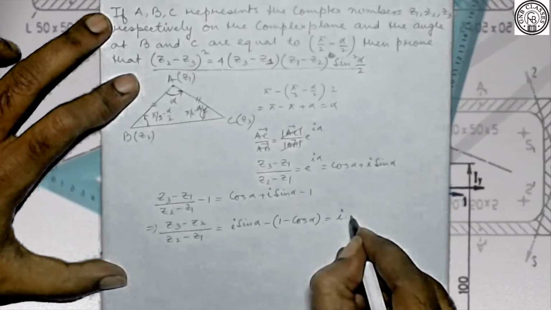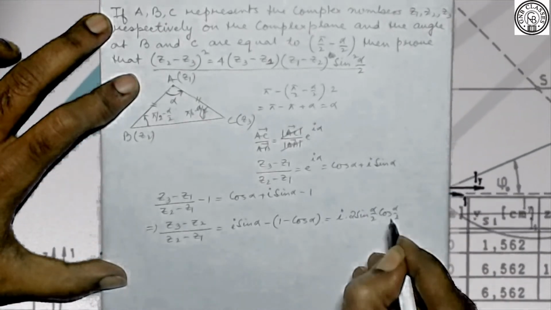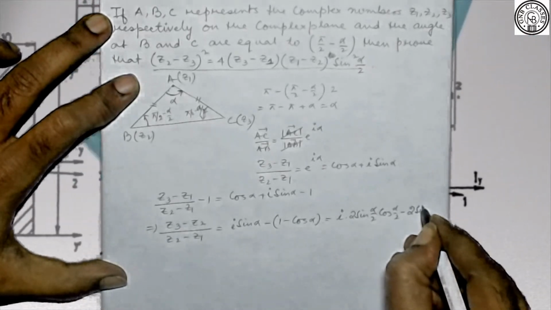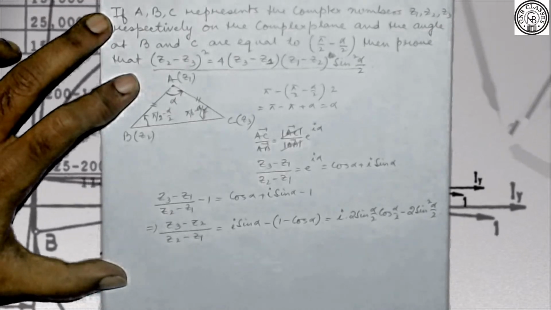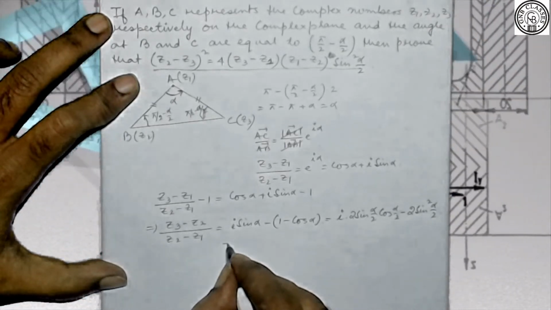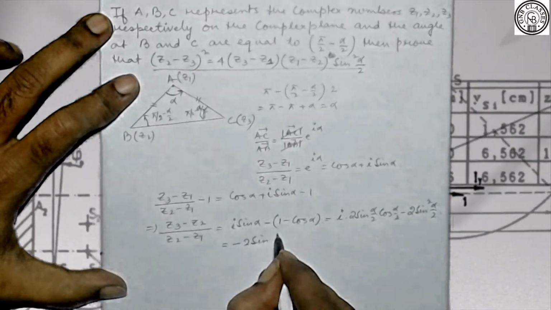Sin alpha can be written as 2 sin alpha by 2 cos alpha by 2, and 1 minus cos alpha can be written as 2 sin square alpha by 2. Okay. So now let me take minus 2 sin alpha by 2 common.